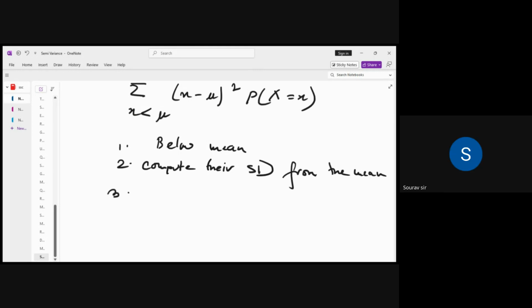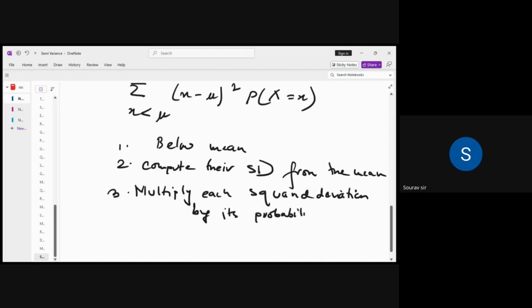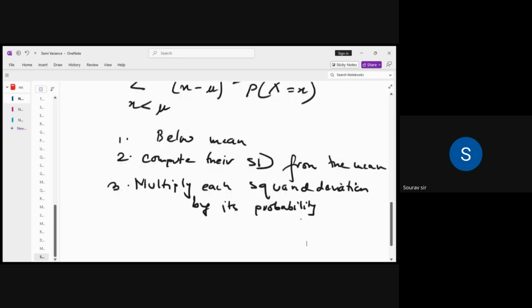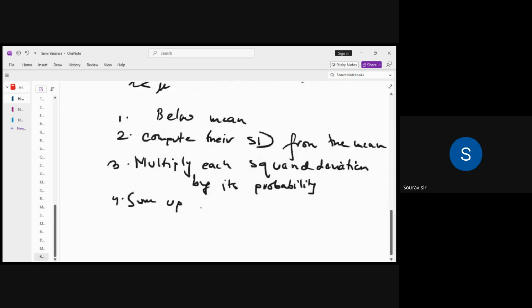Then we will multiply each squared deviation by its probability, and then we will sum them up to obtain finally the semi-variance.